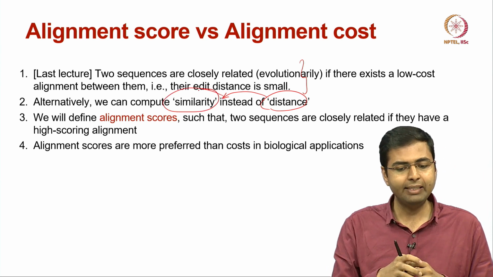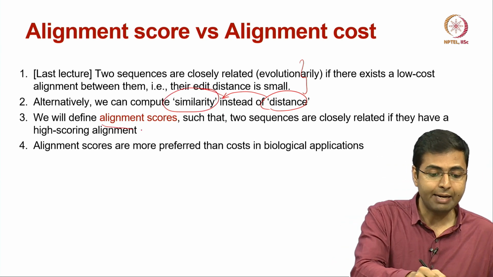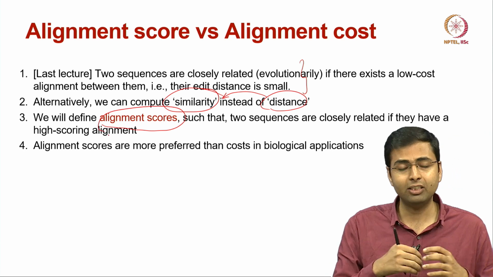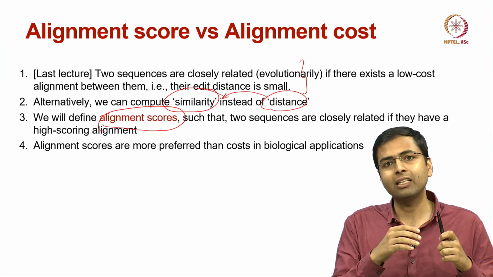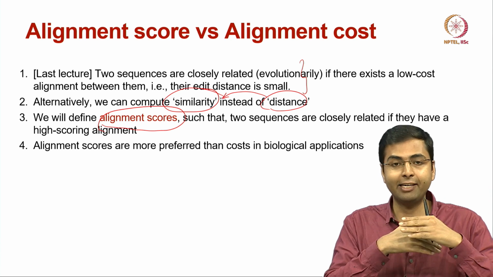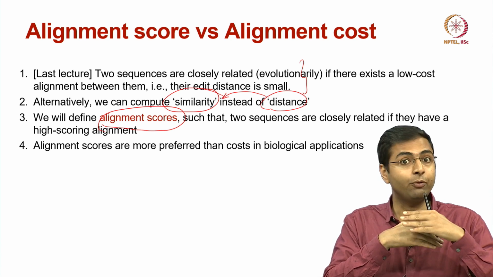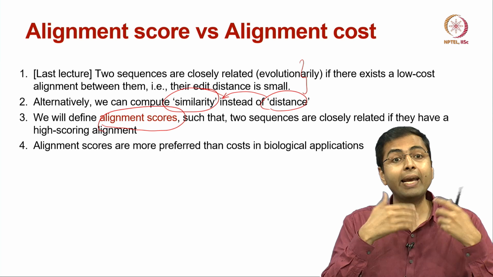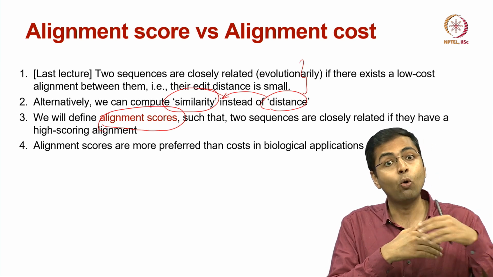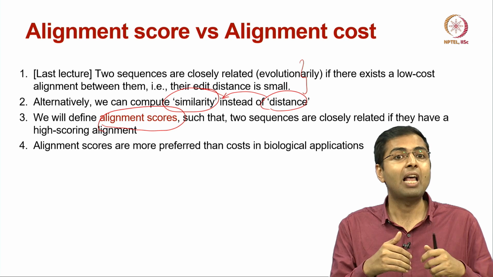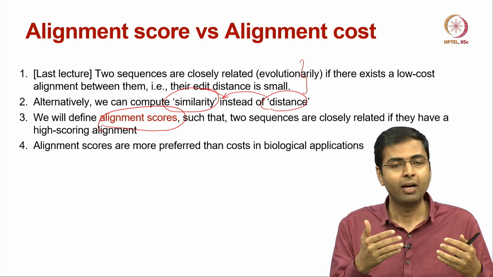So, we will define alignment scores now instead of alignment cost, and these scores will be defined such that if two sequences are closely related to each other, that is they are matching very well, then they will have a high alignment score. In the previous lecture they would have a low alignment cost, now they will have a high alignment score.